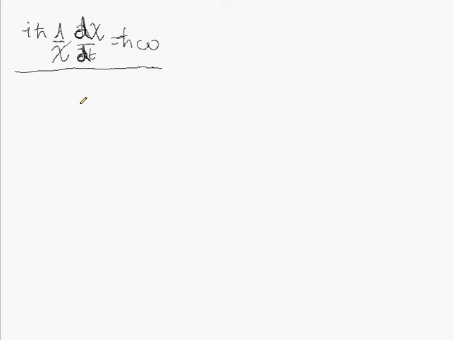I'm first going to tell you that this equation can be written as i h bar d ln of chi dt, which is going to be equal to h bar omega.